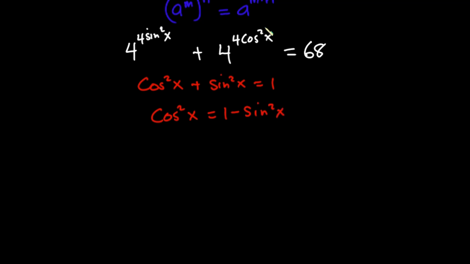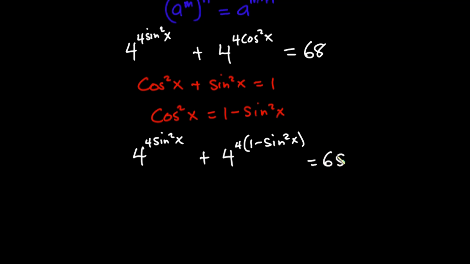So in place of cos squared x from this part, we're going to replace it with 1 minus sine squared x. So the equation now becomes 4 to the power 4 sine squared x plus 4 to the power 4 times 1 minus sine squared x, and this is equal to 68.